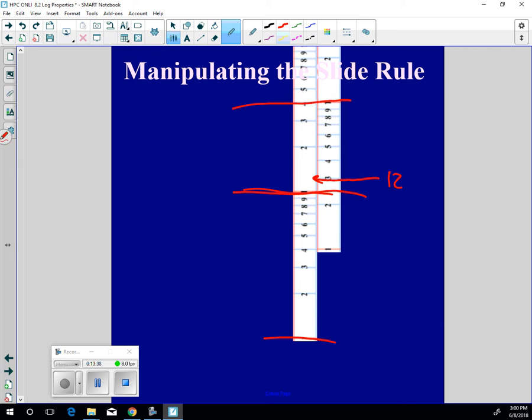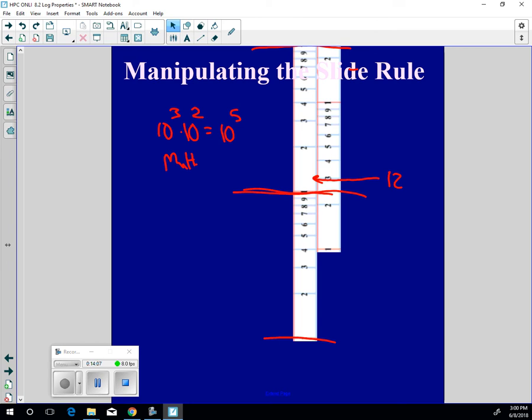Wait a minute. 1 to 10 is the same as 10 to 100. Then what you can do is when those scales are side by side, 10 to the 3rd times 10 to the 2nd will give you 10 to the 5th. So multiplication becomes addition, which is pretty cool. You can divide as well. I just have that for you to play with. I thought you might like that.